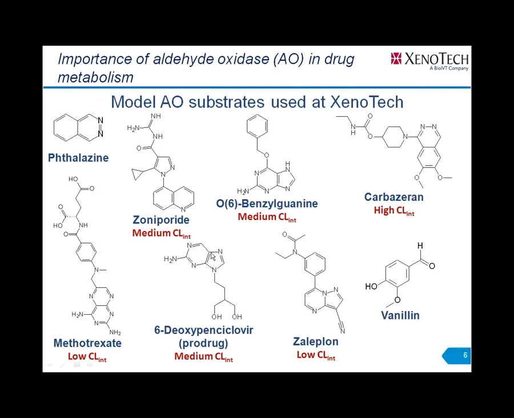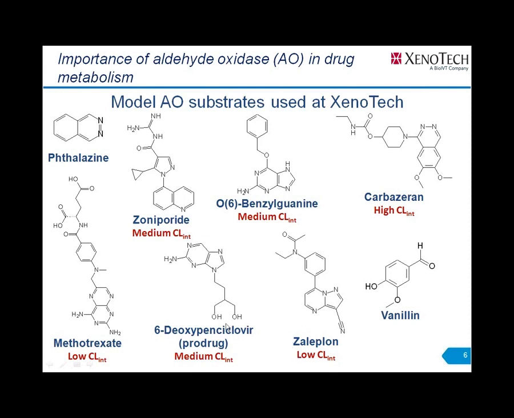So to give you an idea of some of these other structures that we've used as model substrates here at XenoTech, Faraz will talk a little bit more about some of these. Our typical ones are these small molecules, so phthalazine and vanillin, some of the classic aldehyde oxidase substrates. But we've also looked at, for instance, carbazeran, which has high intrinsic clearance by aldehyde oxidase, O6-benzylguanine, a medium clearance drug, and zaleplon, a medium intrinsic clearance drug, as well as low intrinsic clearance drugs, so methotrexate and zaleplon.